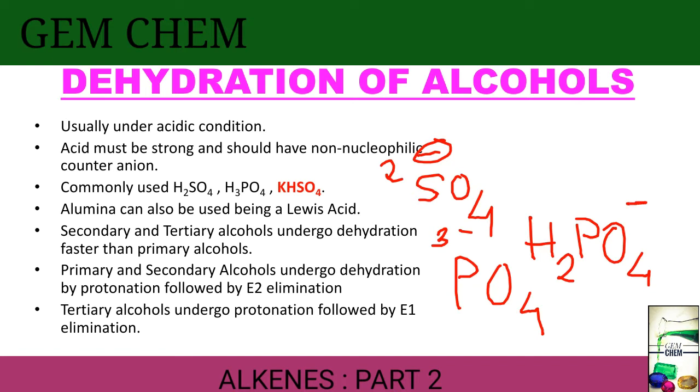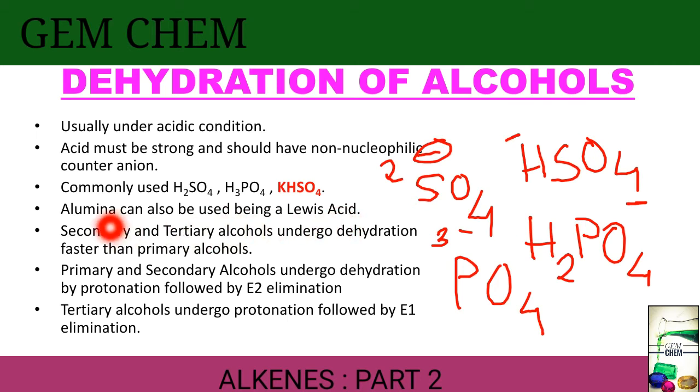And for sulfuric acid we can take it as HSO4-. So these two anions are not at all nucleophilic, and this is important. Now we will see what are the commonly used: H2SO4, H3PO4 and KHSO4. And alumina can also be used, being a Lewis acid.